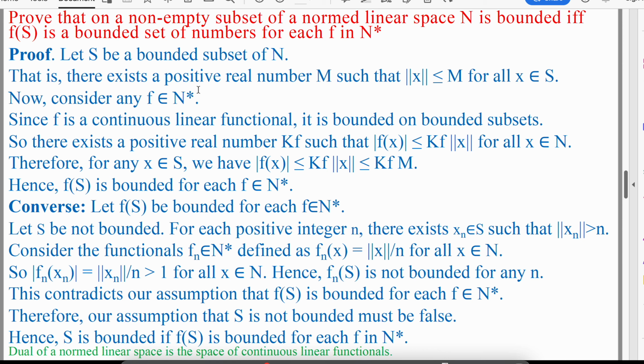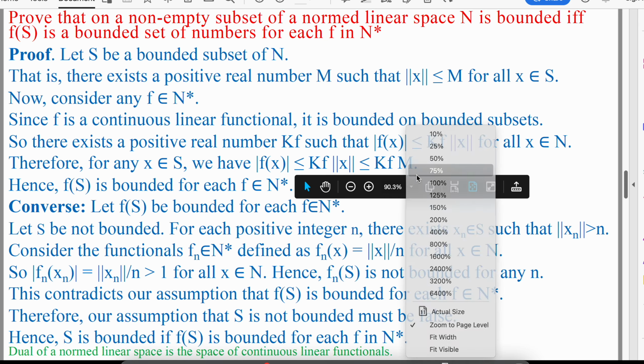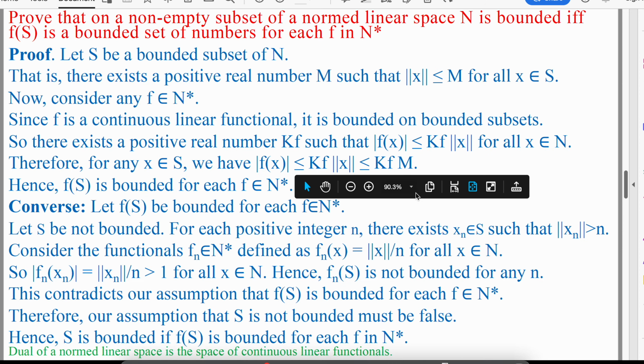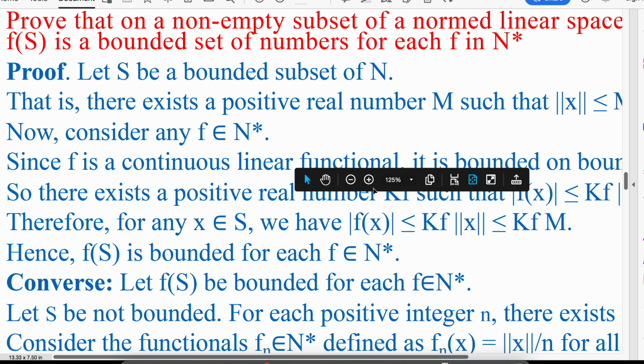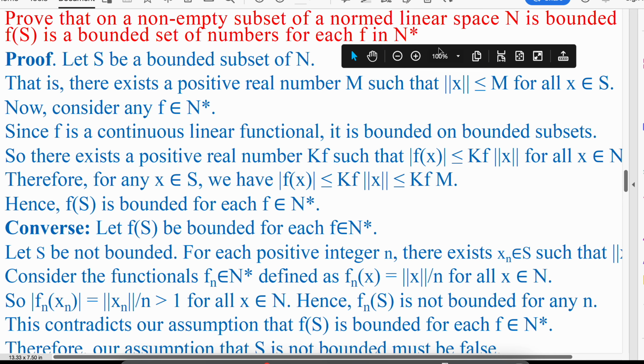Therefore it is bounded, so there exists a positive real number k_f such that modulus of f(x) is less than or equal to k_f times the norm of x, for all x belonging to N.